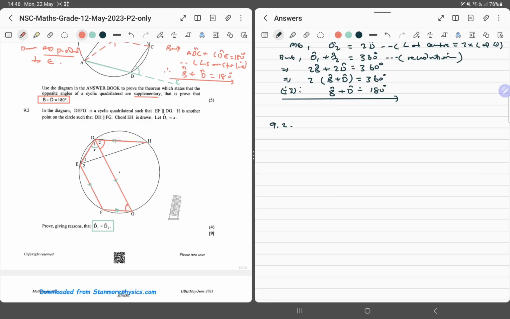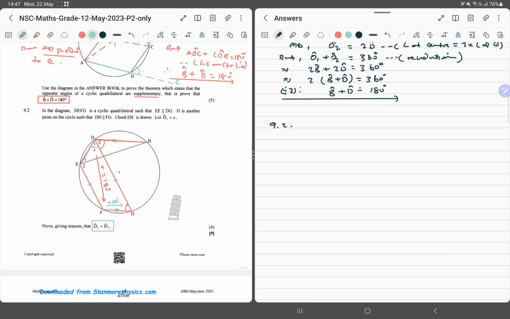What do we know about these angles? That angle plus that angle add up to 180, as opposite angles of a cyclic quad. And this angle and that angle also add up to 180 degrees, as co-interior angles because of those parallel lines. So we can use that to our effect.